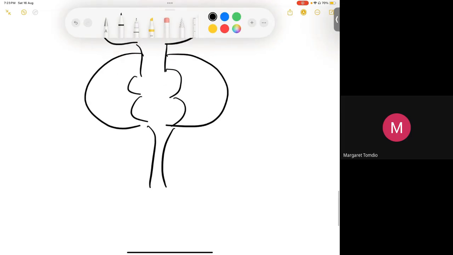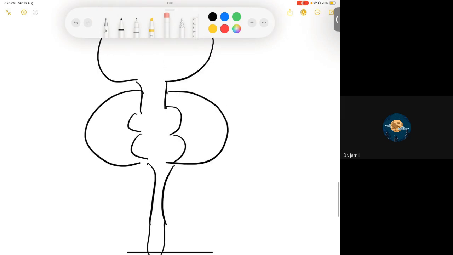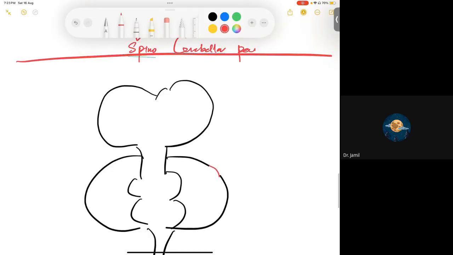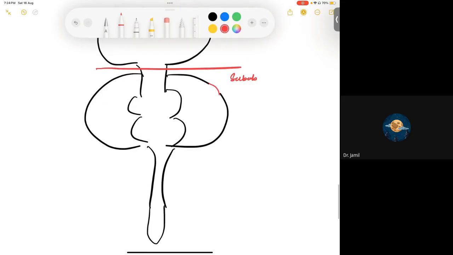Yes. Okay. So as I discussed yesterday, above the level of the brain stem, all of the sensations are going to be conscious sensation, and below the cerebrum, any sensations coming there are going to be subconscious. For example, we know that the breathing center lies here in the medullary portion.